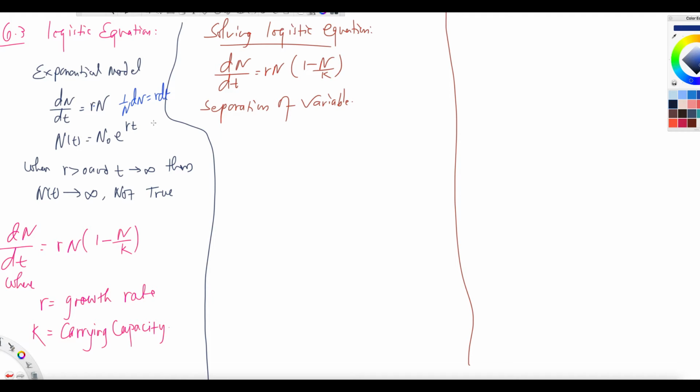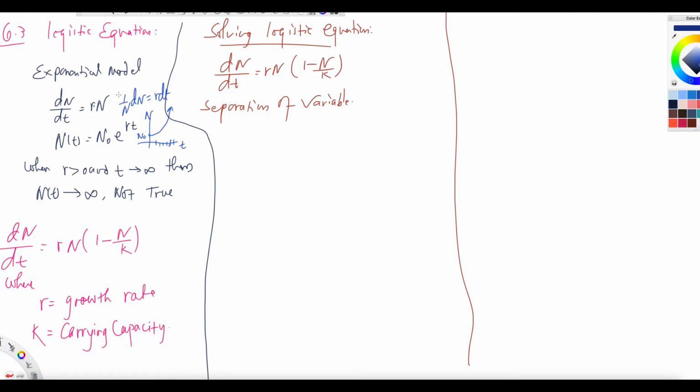So if you graph this function, it will look like this. So t is here, N is here, suppose N0, the initial population, is here, and if you graph this equation for r positive, then this is what it looks like. Meaning that when t tends to infinity, when t increases, the value of N, the population, will increase and increase. It keeps increasing, meaning that for a longer time the population size will become infinity.